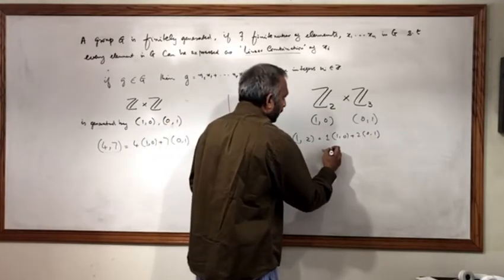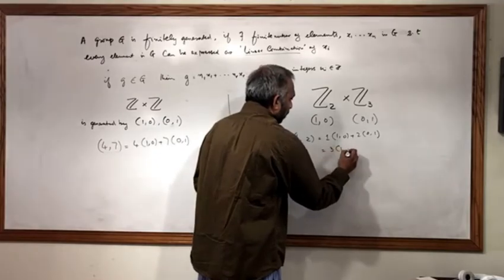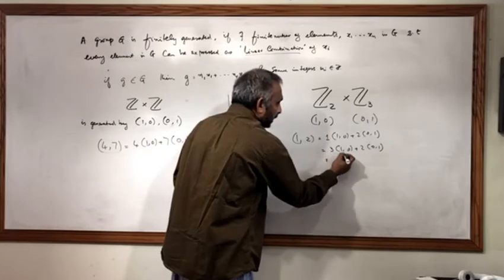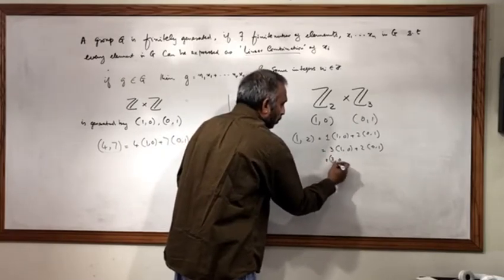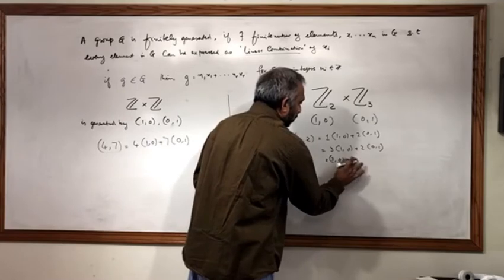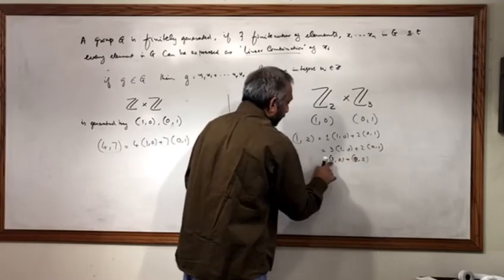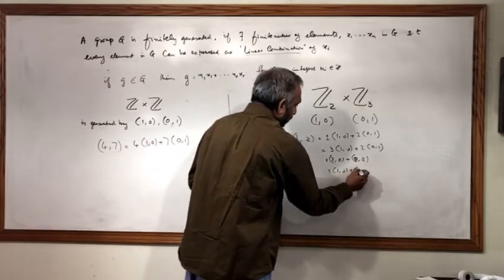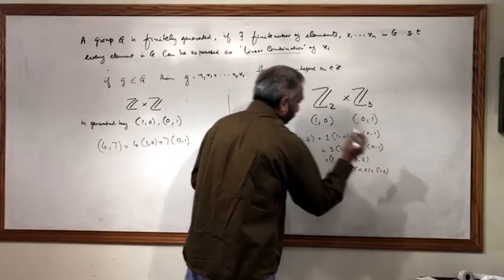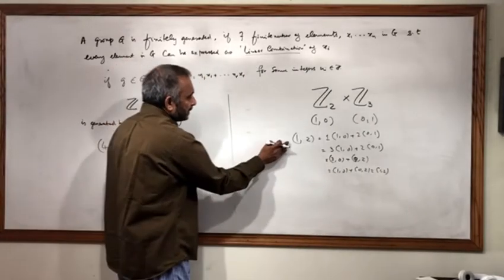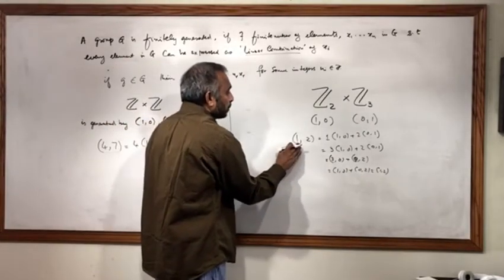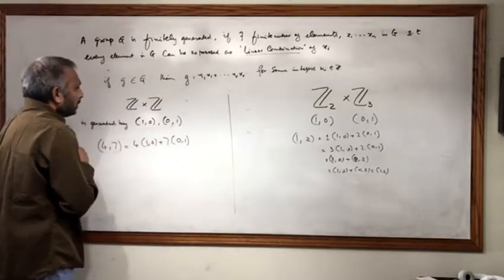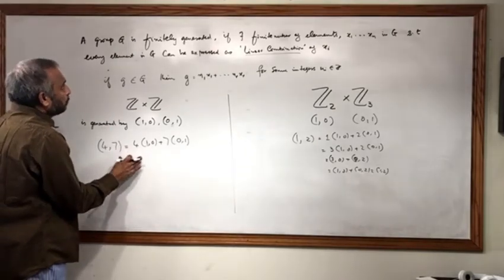You can also write it as 3 times (1, 0) plus 2 times (0, 1), because this is actually (3, 0) plus (0, 2), and (0, 3) in Z2 is (1, 0), so it's (1, 0) plus (0, 2), which is (1, 2). So this element is not uniquely expressed in terms of generating elements. So there is a difference between these two.